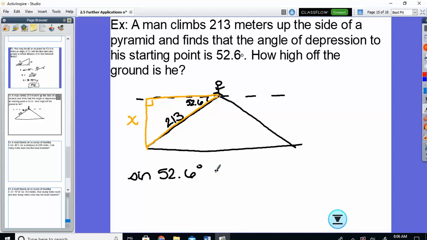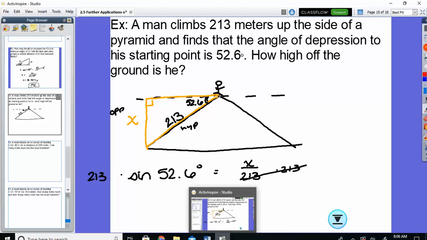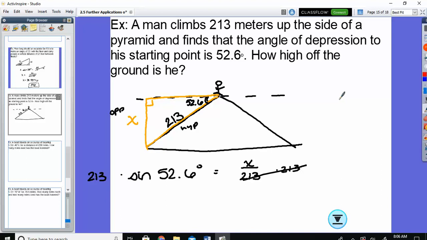So sine of 52.6 equals the opposite side, which is x, over the hypotenuse. How'd you get sine again? From this angle, this is the opposite side, and this is the hypotenuse. Yep, so circular. So 213 times the sine of 52.6.